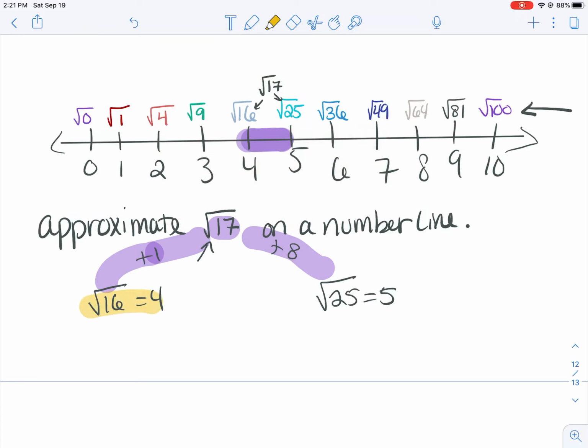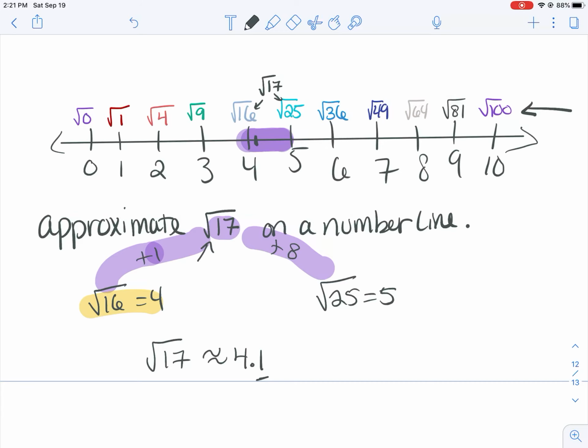It's actually only one value away. So if I had to approximate, I would say the square root of 17 is approximately, and those two squiggles instead of a straight equal sign tell us that means approximate, about 4.1, just a tiny bit more than 4. So I would place it right about there.